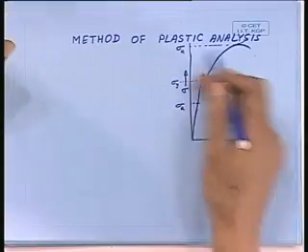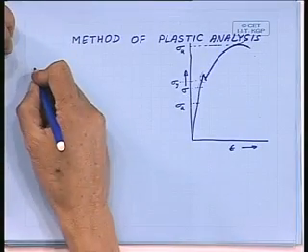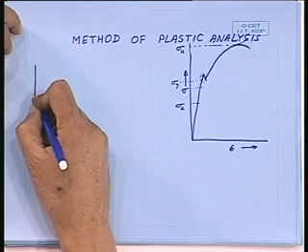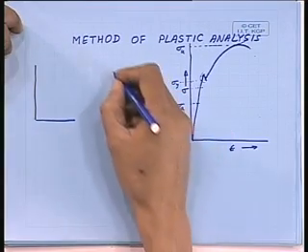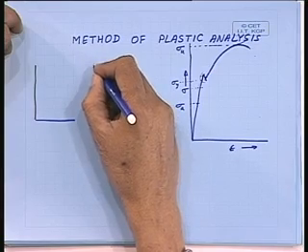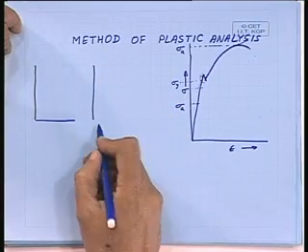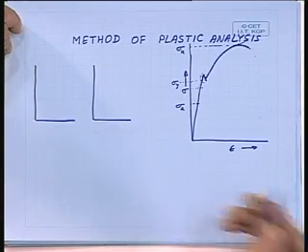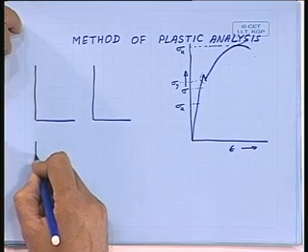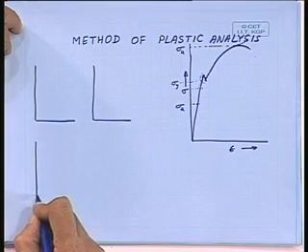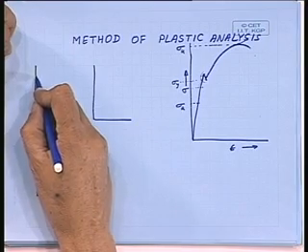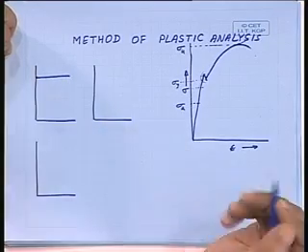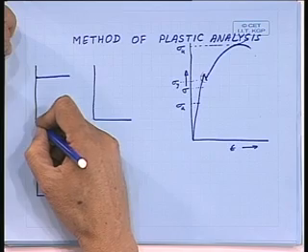So this stress strain diagram, one can conceive it in a simplified manner in the following way. One can consider it to be fully plastic, that means there is no elasticity.